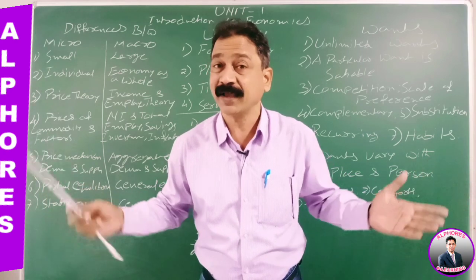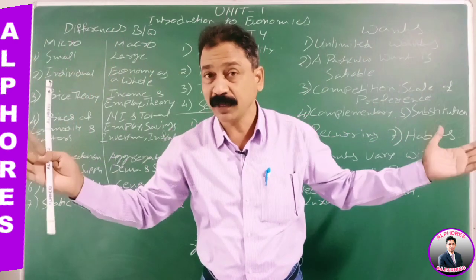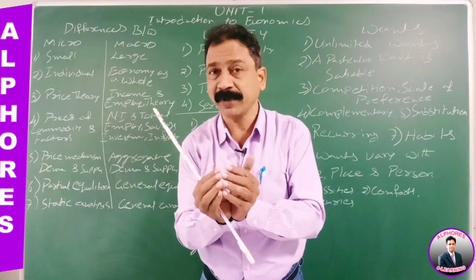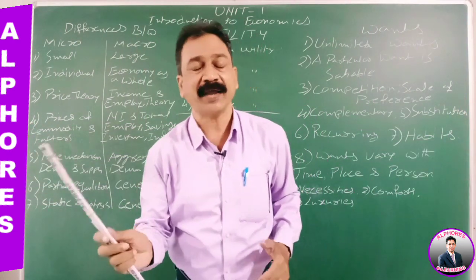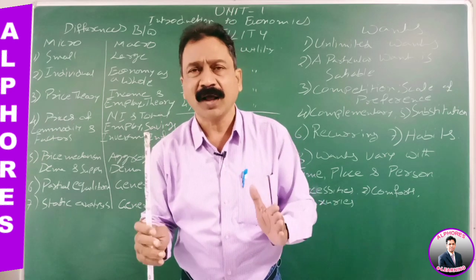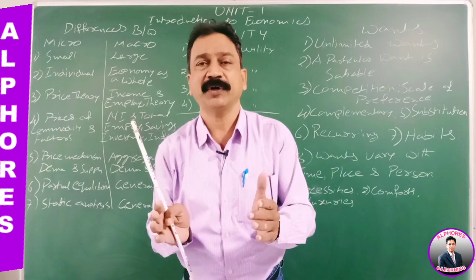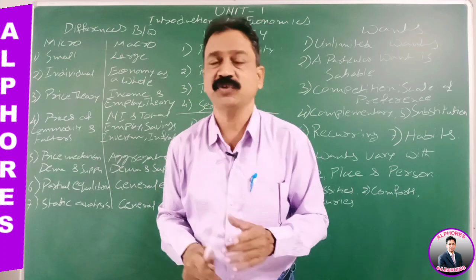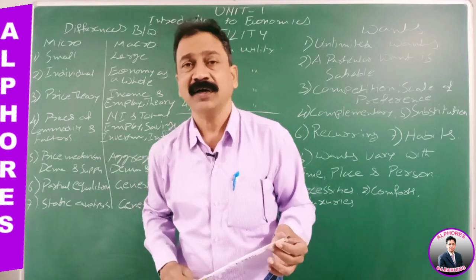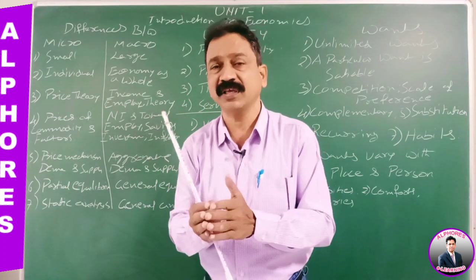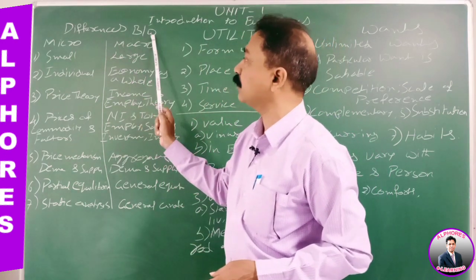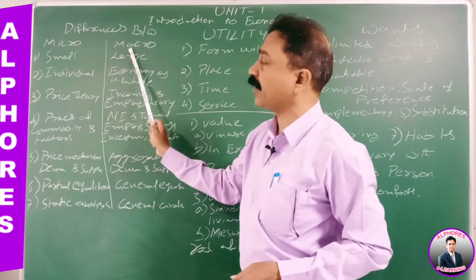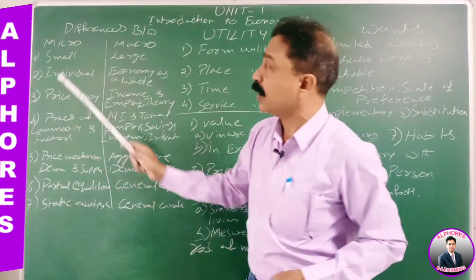But when you compare with the world economy, national income becomes micro and world economy becomes macro. For our understanding, we divided them into two, but they depend on each other. Still, to see things in a different light, we are going to discuss the differences between micro and macroeconomics.